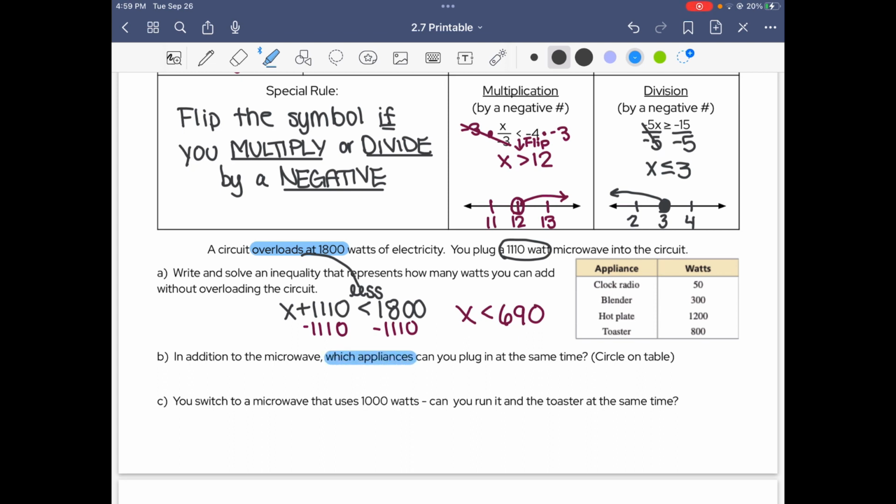So which ones are less than 690? And you can just circle them on the table. The clock radio is less than 690 because it's 50. The blender is 300. But the hot plate and the toaster are 1200 and 800. Those are both bigger than 690. So that would be a no. So just the radio and the blender.